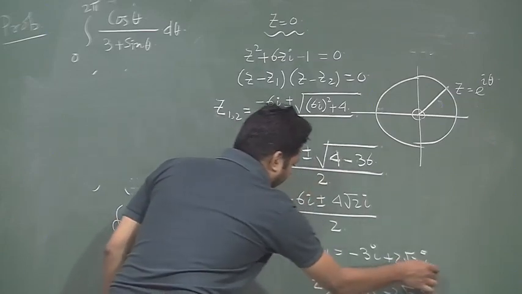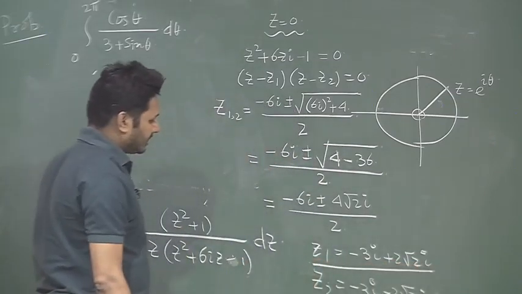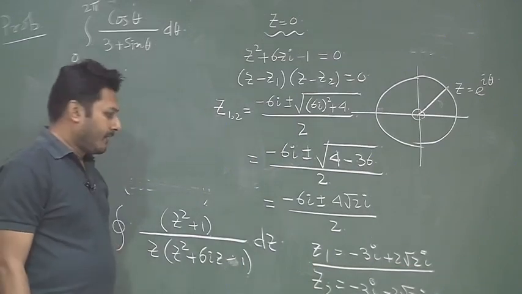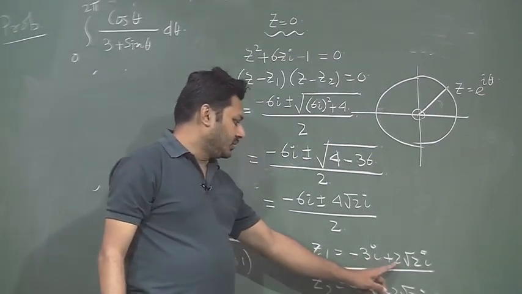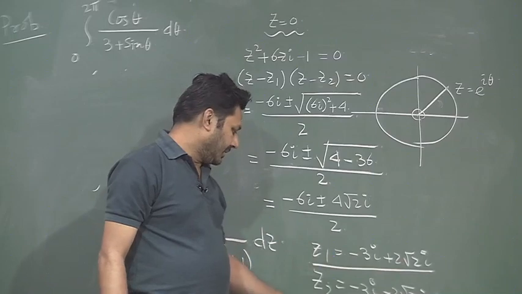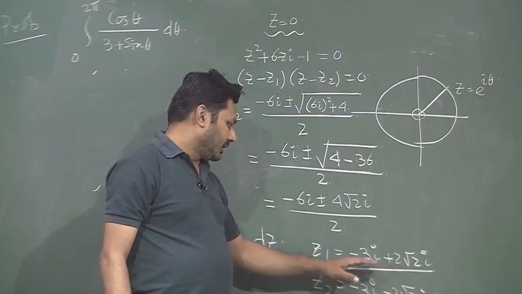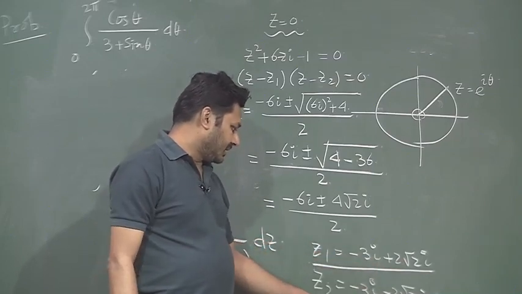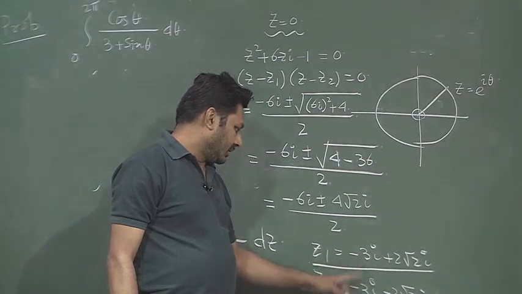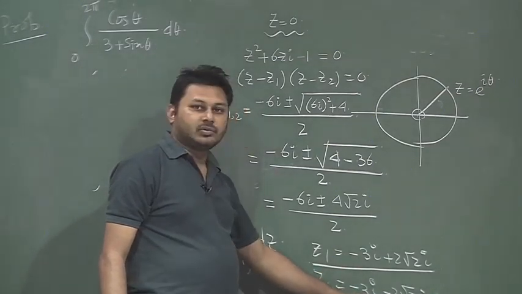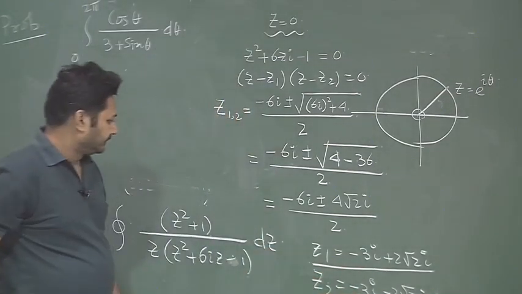These 2 points I have as my z1 and z2. One is minus 3i plus 2 root 2 i, and another is the complex conjugate-like partner of this quantity, minus 3i minus 2 root 2 i.